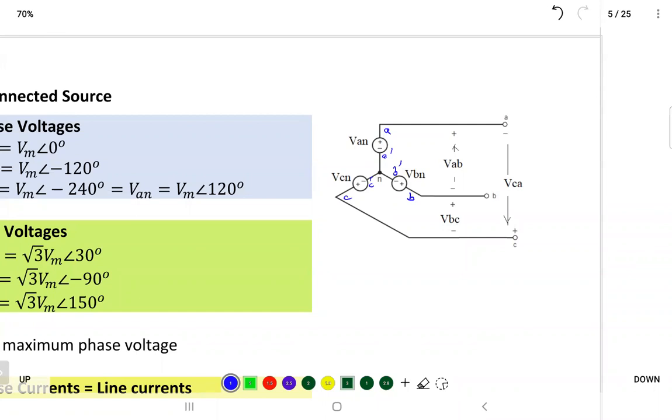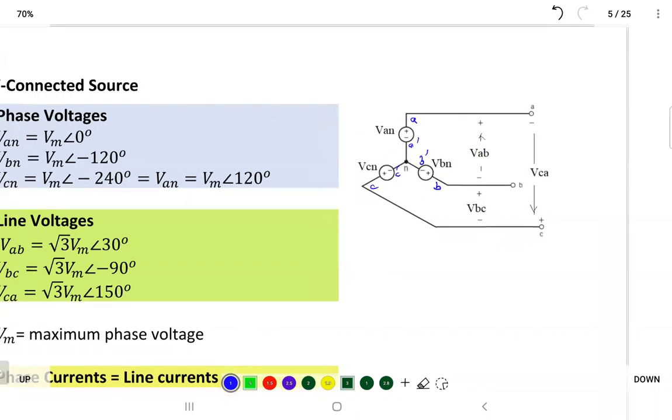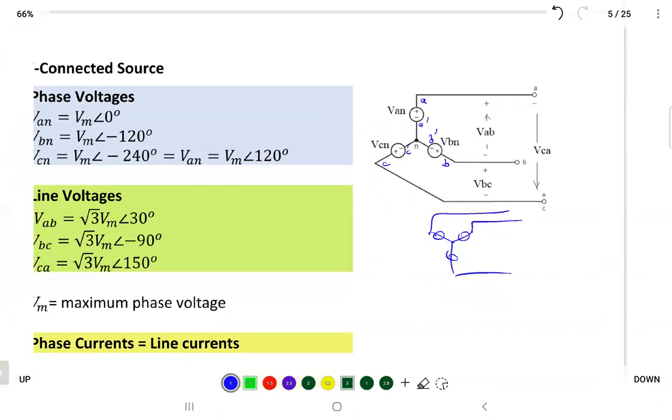This one in the middle, neutral, should look like a star, called star connection or Y connection, because sometimes you can flip it like that and put the generators here. That's the star Y connection.